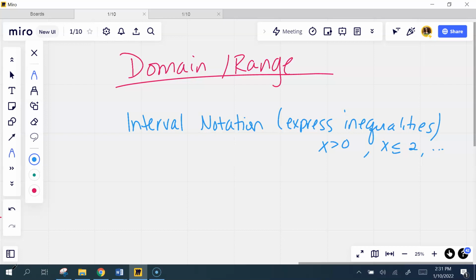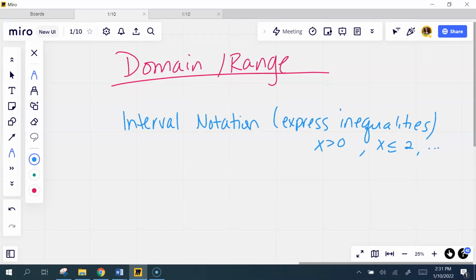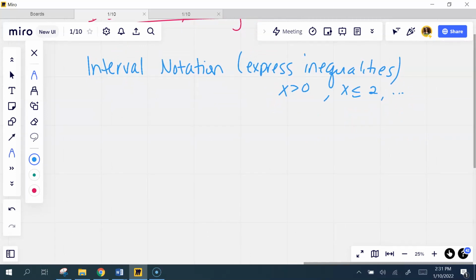So the first thing I want you to think about is back when you first learned about inequalities and you were on a number line. And this number line represented x. And if I told you to graph x is less than 5, right? You would have 0, 1, 2, 3, 4, 5.